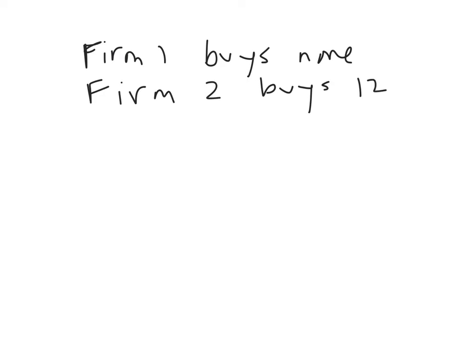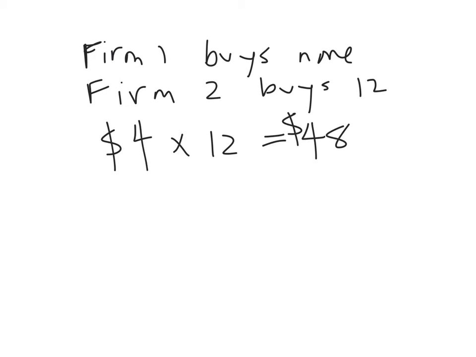Remember, they're cleaning up 8, and they used to emit 20, so 20 minus 8 is 12. And so since they're $4 a permit, $4 times 12, firm 2 spends $48 on pollution permits.